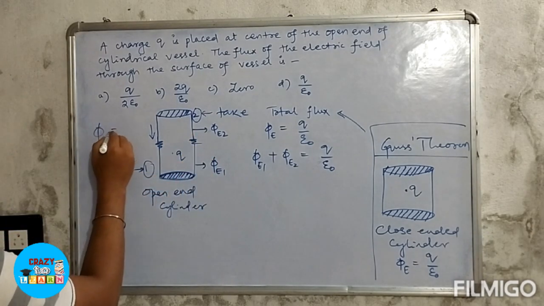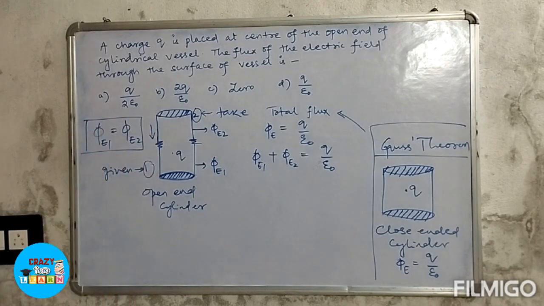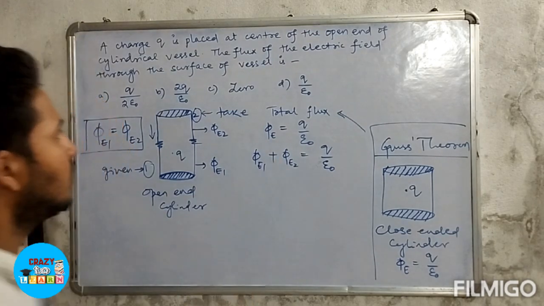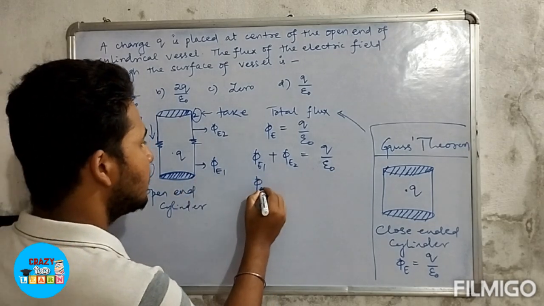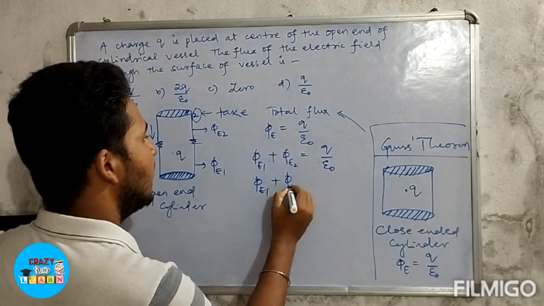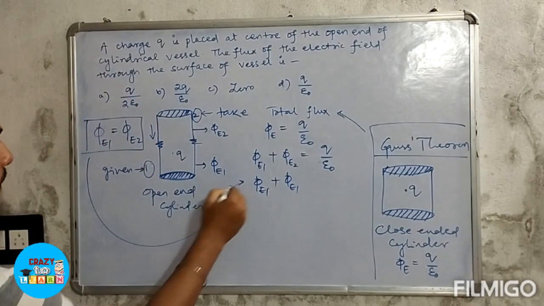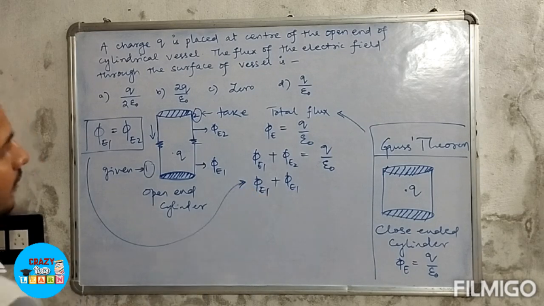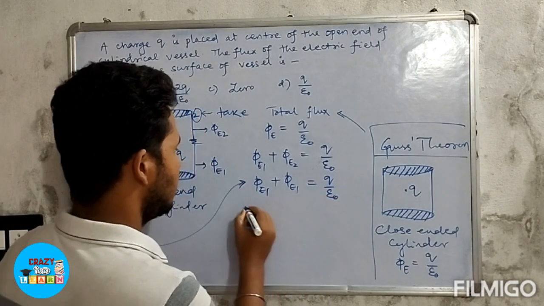Phi E1 is equal to phi E2, as both are similar. So in the place of phi E2, I can take phi E1. As both are similar, you can take phi E1 is equal to 2Q by epsilon naught.